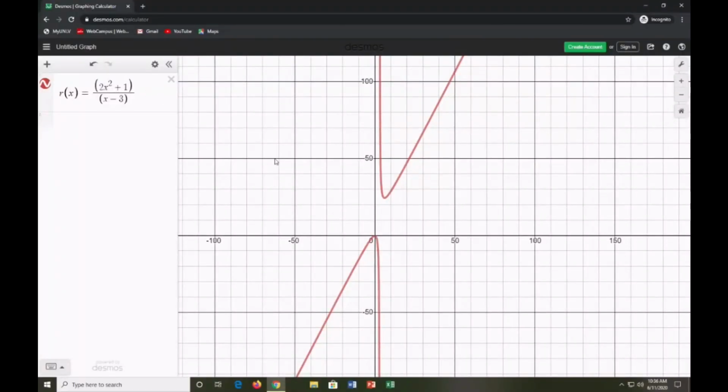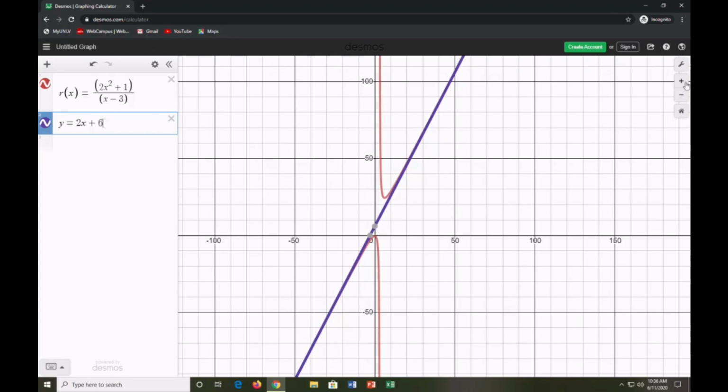Okay, here it is. So we have y equals 2x plus 6. Do you see that? As soon as I entered the equation of that straight line, you can see that purple straight line snapped right where the slant asymptote should be.